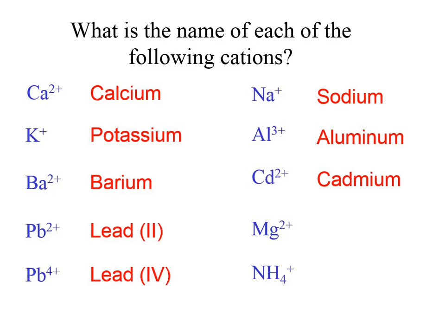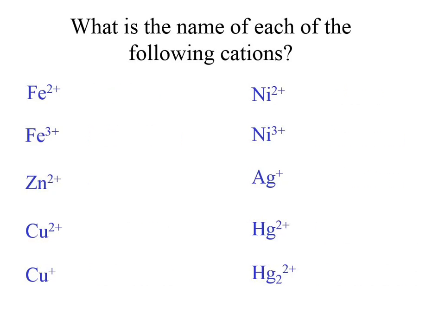Shelby, how about magnesium? No, just magnesium. And I have no idea why that's up there, but Joshua, what's the name of NH4 plus 1? Ammonium. Very good. I don't know why that's on that slide. Okay, Shelby, Fe.